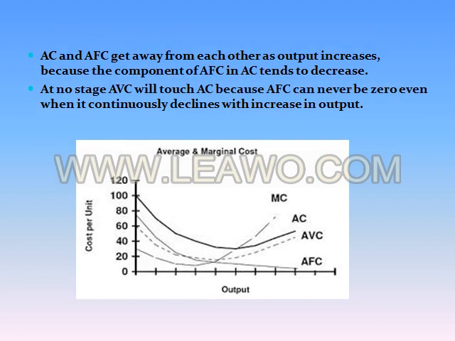AC and AFC get away from each other as output increases because the component of AFC in AC tends to decrease. At no stage will AVC touch AC because AFC can never be zero. Even then, it continuously declines with increase in output.